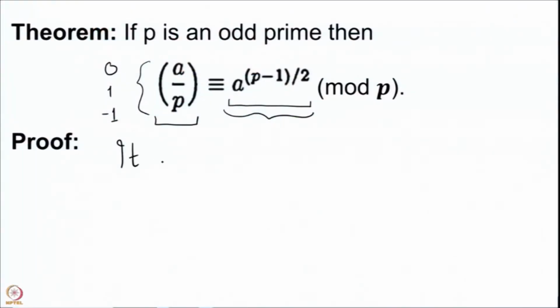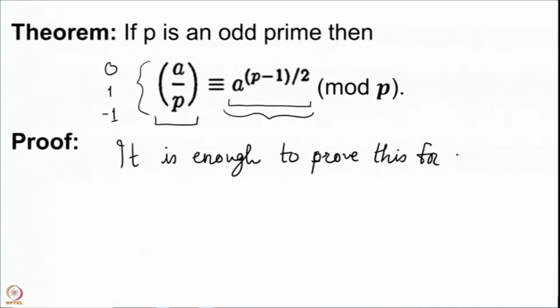So the basic step here is that it is enough to prove this for a primitive g in UP. This is because, so I will give a reason to tell why this is enough.